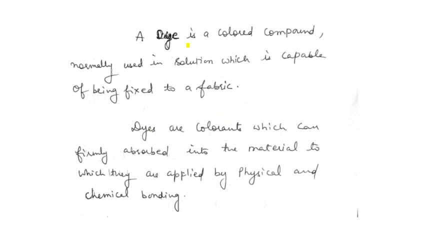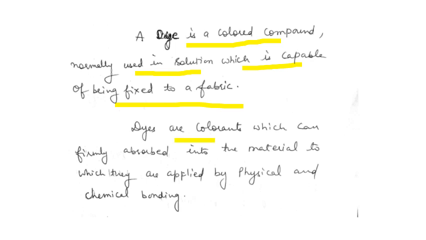A dye is a colored compound normally used in solution which is capable of being fixed to the fabric, means it attaches to the fabric, having some attraction or bond to the fabric.